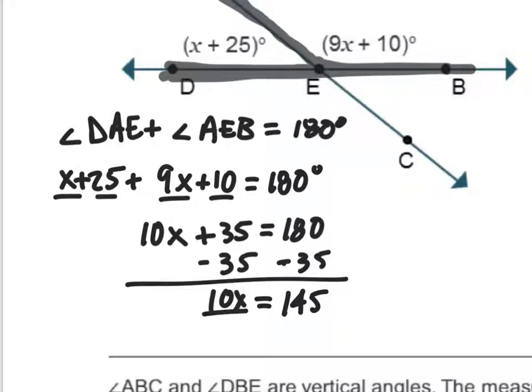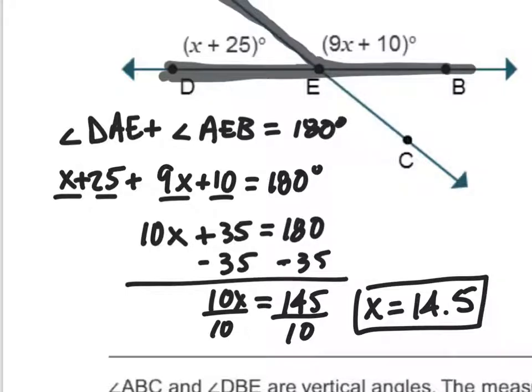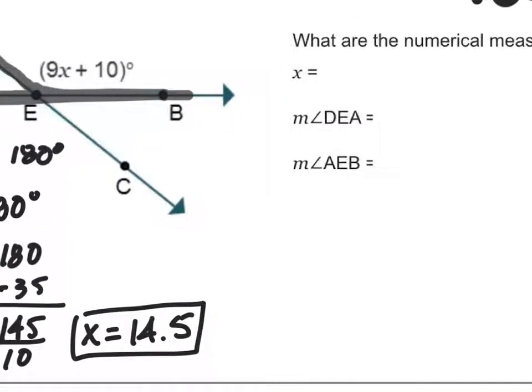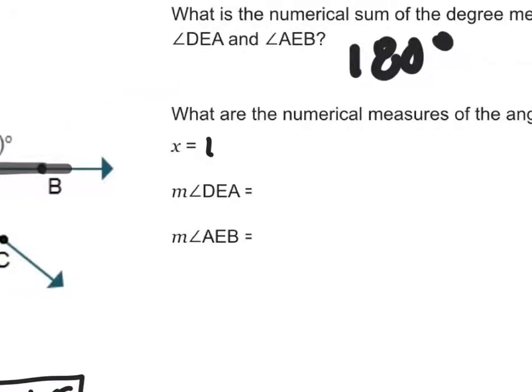Then if I divide by 10 on both sides, that gives me x is equal to 14.5. So now I figured out that x is equal to 14.5.